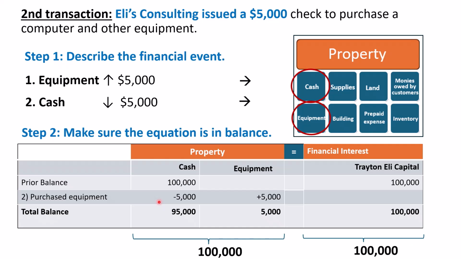Does the equation still balance? Well, let's calculate our new balance: $95,000 in cash, $5,000 in equipment equals $100,000 in property. And the financial interest side shows $100,000 as well. So does it balance? Yes, it does.